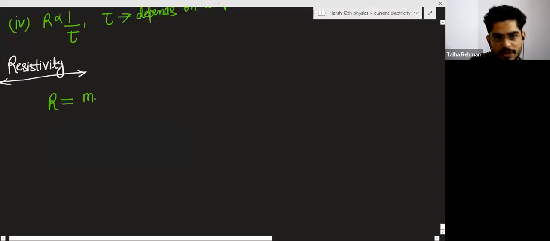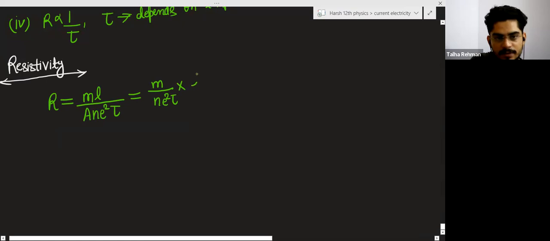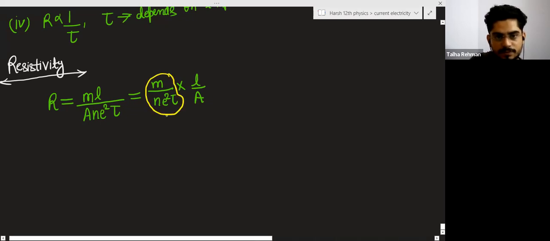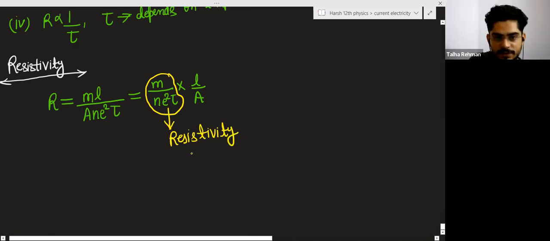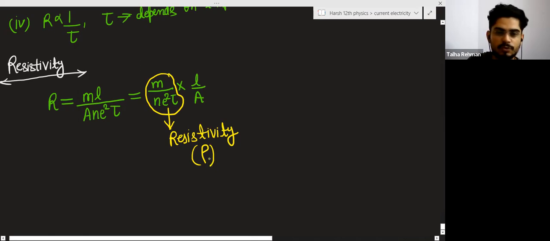Resistance is equal to mL divided by A n e squared tau, and I can write this as m divided by n e squared tau multiplied by L by A, and this term is the resistivity. Resistivity is represented by rho.